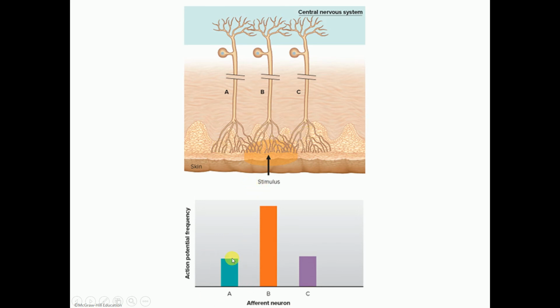So you see that the frequency of the action potential is definitely less when it comes to neurons A and C, but a lot higher at neuron B. So that will be interpreted in the brain that the location of the stimulus is related to this receptive field and not A or C, I'm sorry. But again, we do have a little bit of an overlap, so it's not very accurate, but the body can overcome that, and I'll show you how.